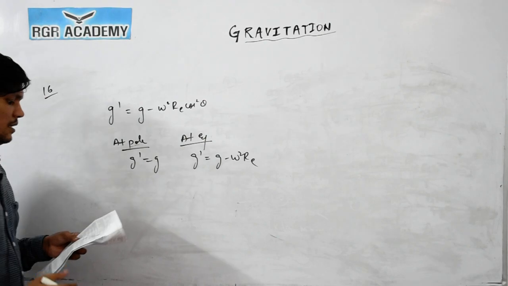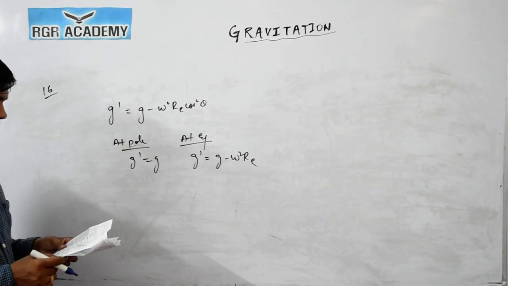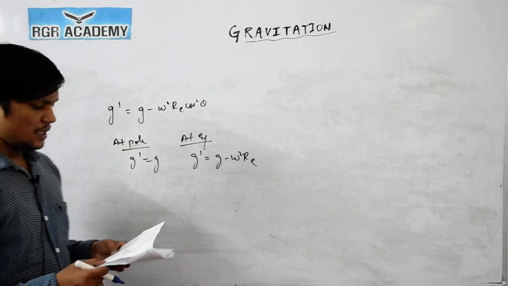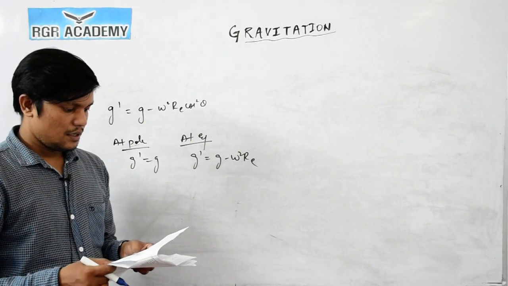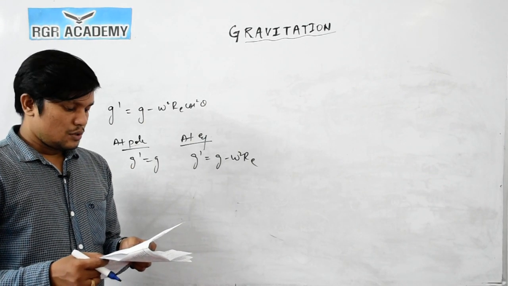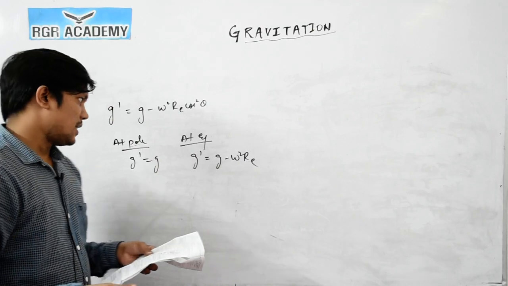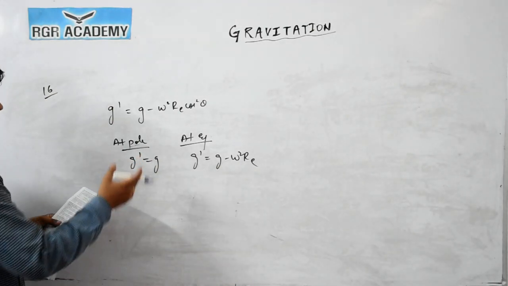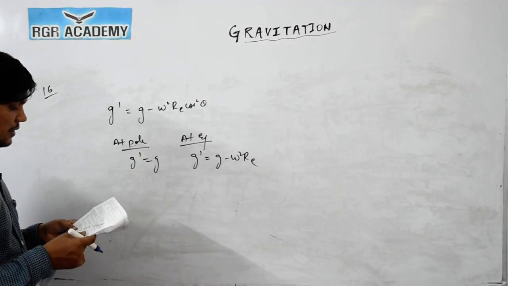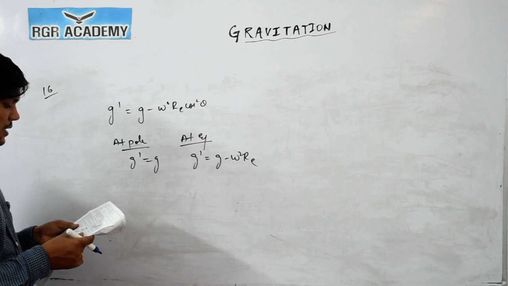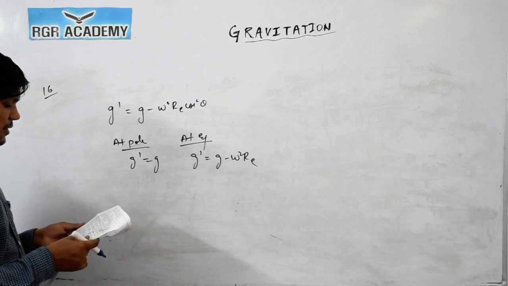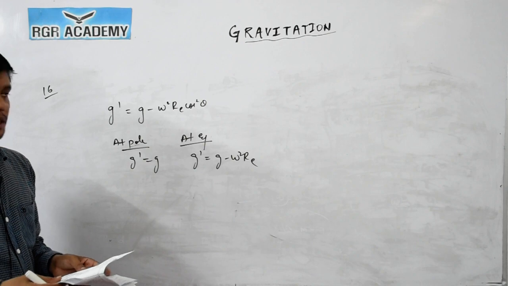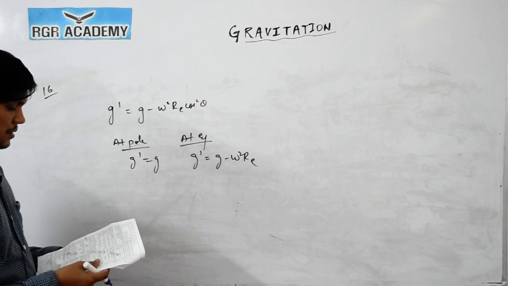So that is correct. The value of g decreases with the increase in latitude, so the second one is also correct, but it is not the explanation of the first one.